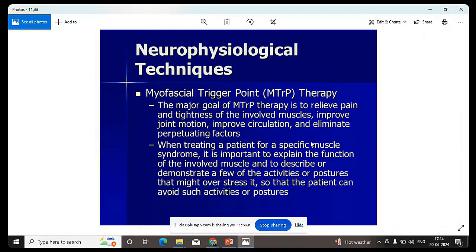Basically, why are these myofascial trigger points formed in the fascia and muscles? Because when there is an injury, a chronic overuse injury or an acute injury, the muscle fibers get distracted, torn or ruptured, and after some time they heal automatically.